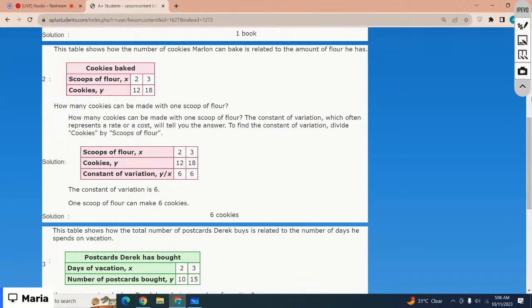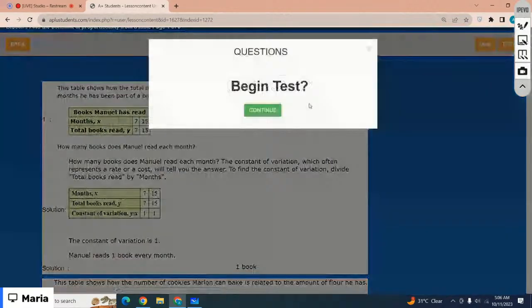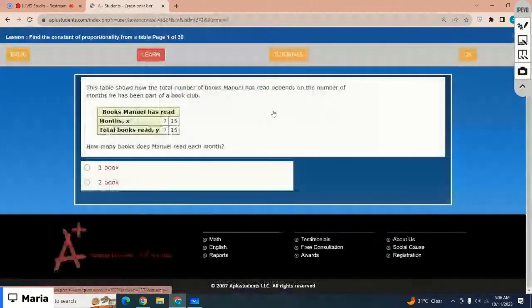Let's just start with the practice questions. Okay, this table shows how the total number of books Manuel has read depends on the number of months he has been part of a book club. So how many books does Manuel read each month? So which is the correct option? For the constant of proportionality, you need to do y over x.